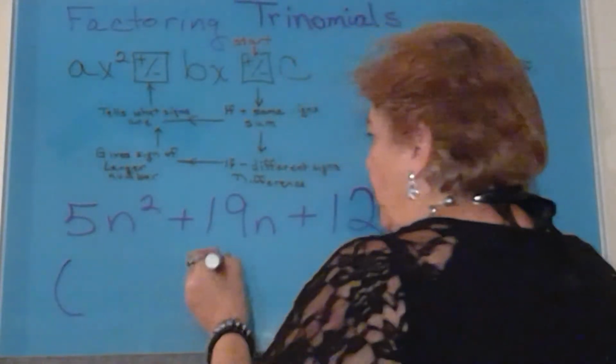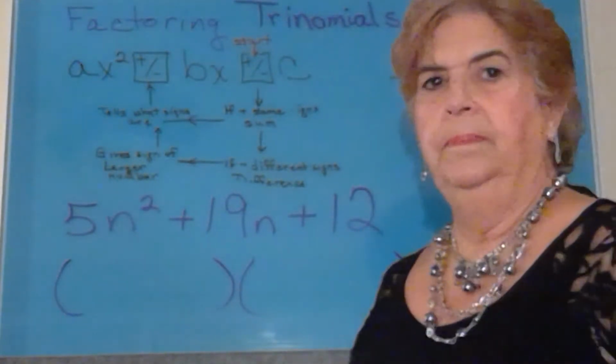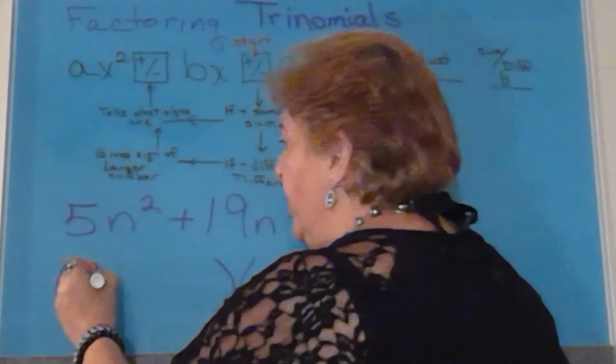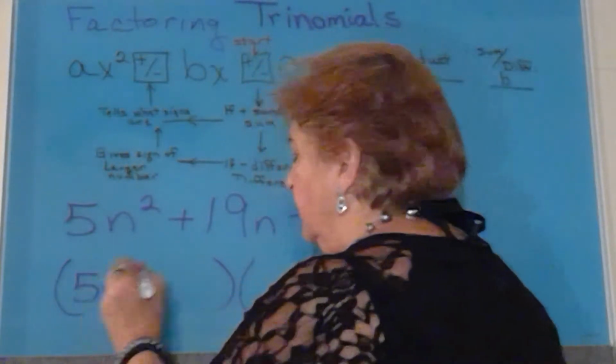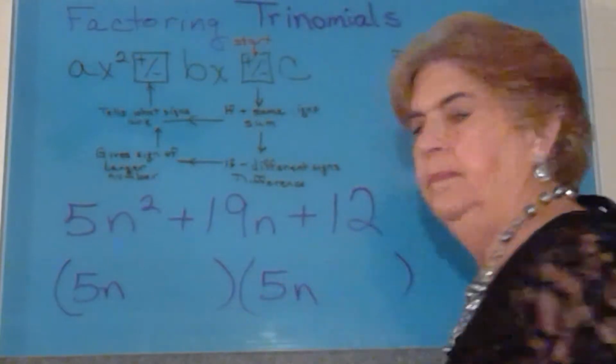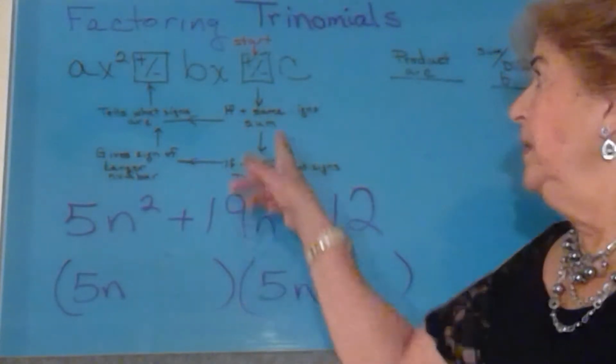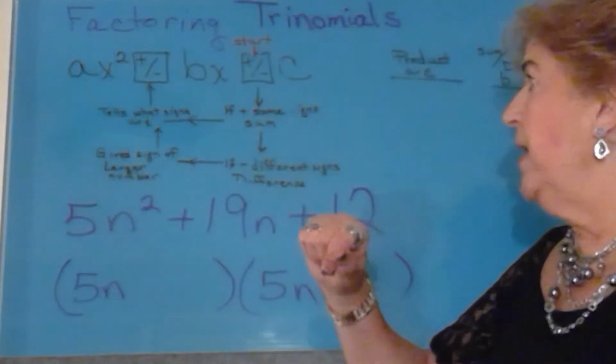We're going to set up our parentheses. I'm going to put a 5n here and a 5n here. The plus tells me the signs are the same.